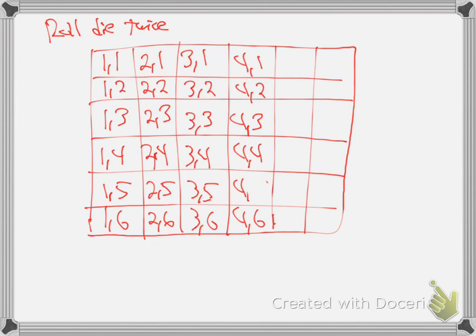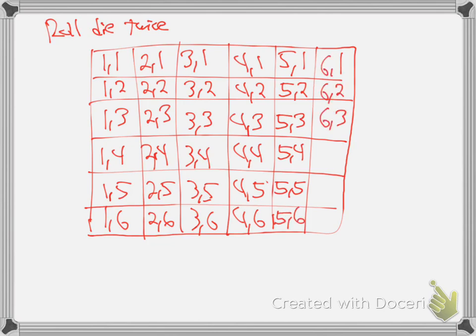It's getting kind of scribbly. My 5s always look bad. 5,1, 5,2, 5,3, 5,4, 5,5, 5,6, and 6,1, 6,2, 6,3, 6,4, 6,5, 6,6.